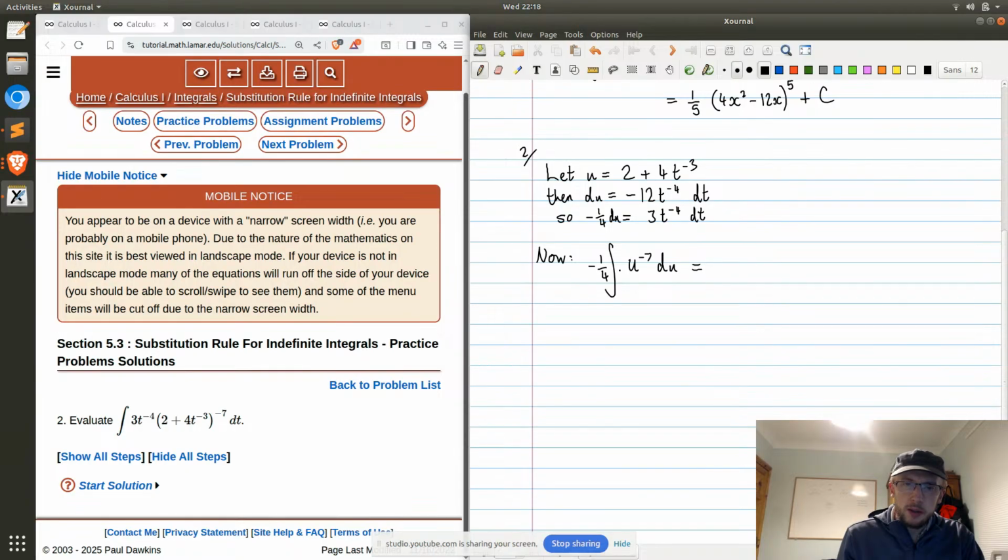Times by the power and then take one off. So 7/4 of u to the negative 8 plus c, which is 7/4 of 2 plus 4t to the negative 3, all of that to the negative 8, all of that plus c.